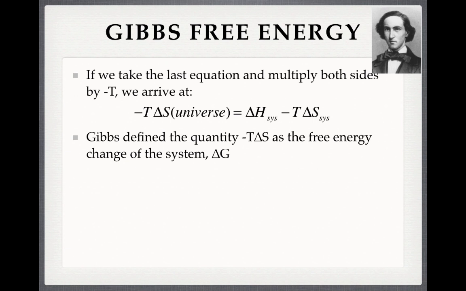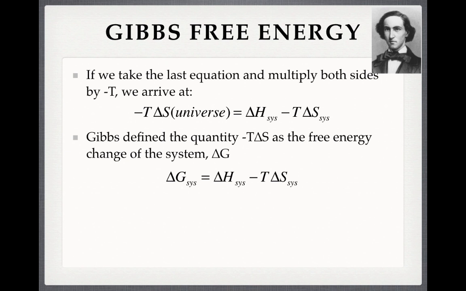Now Gibbs defined that initial quantity there, negative T delta S universe, as the free energy change of the system, and we call that delta G. So we can substitute delta G in there and say delta G of the system is equal to delta H of the system minus T delta S of the system.